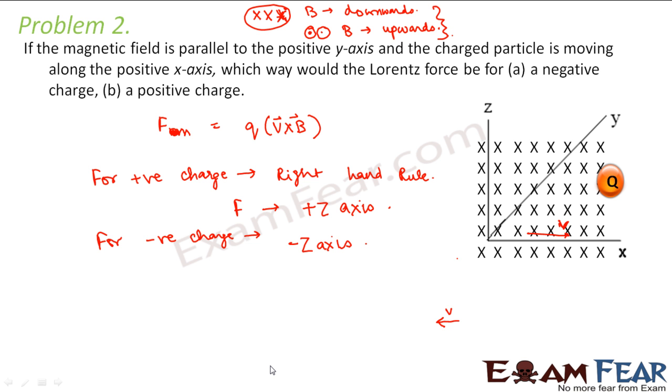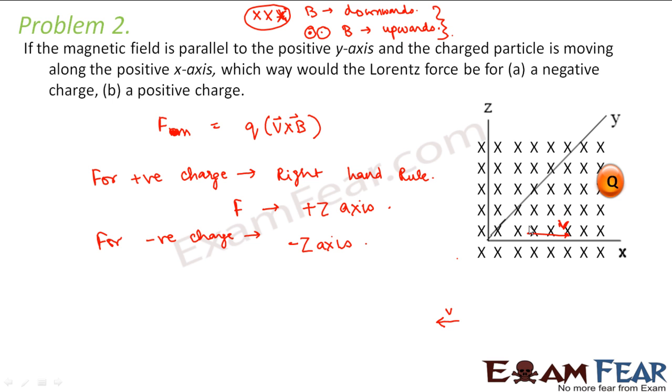What would be the direction of the magnetic force? Take all 4 fingers towards the direction of velocity and from there it is going down. Your thumb will point downwards, that is, towards the negative z-axis.